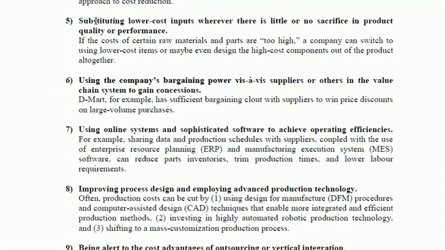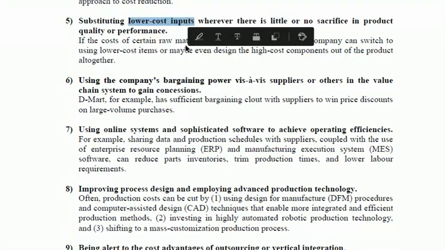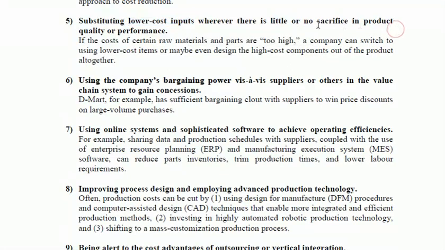Okay, and then the fifth one is about substituting lower cost inputs whenever there is little or no sacrifice in product quality or performance. When you're substituting lower cost inputs, then you will be able to achieve a lower cost in the product itself.